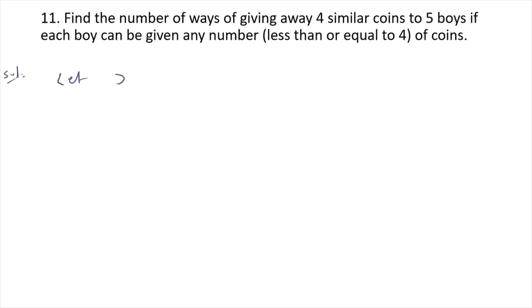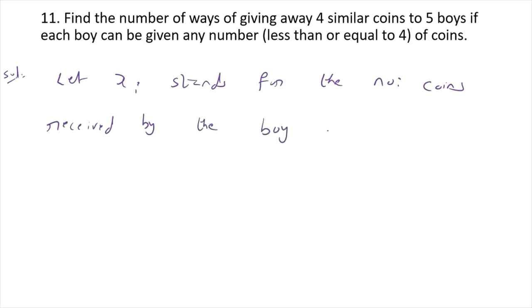Let xi stand for the number of coins received by the boy i. This implies x1 plus x2 plus x3 plus x4 plus x5 is equal to 4. x1 stands for the number of coins received by the first boy, x2 for the second boy, x3 for the third boy, and similarly for the fourth and fifth boys.